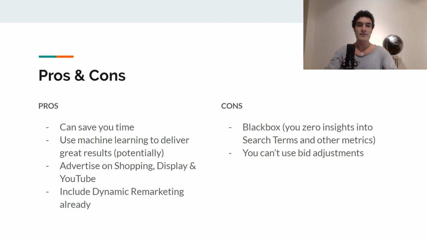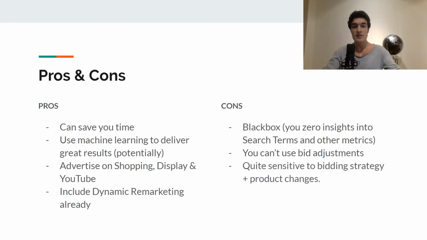I mean, Google still does its best to get you the best results, of course, and sometimes they know more than you. But oftentimes you want to specifically tell Google, hey, give desktops a higher bid or give mobiles a lower bid or something like that. And they are pretty sensitive to bidding strategy and product changes. So normal campaigns can already be quite sensitive when you change from target ROAS to maximize conversion value or something like that.